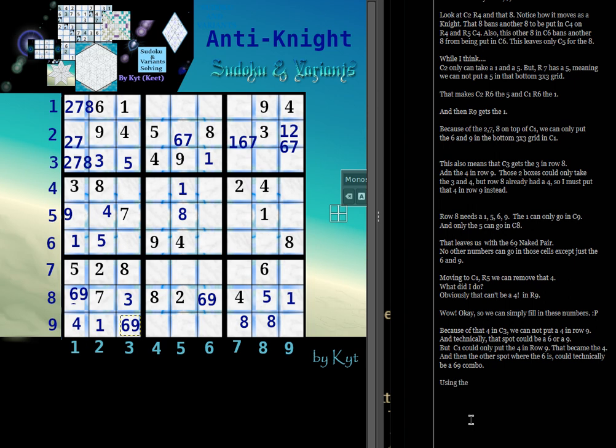Using the anti-knight rule, we see that 6 in row 7 dictates that in row 8 must be the 9.